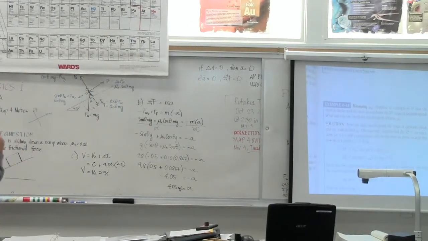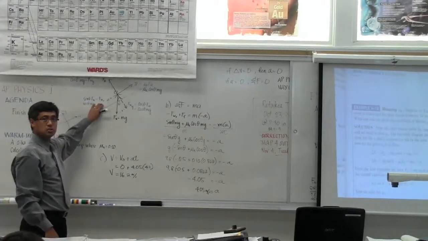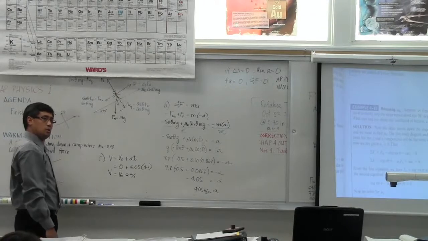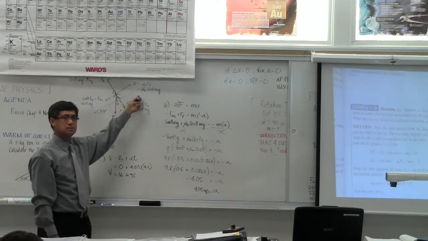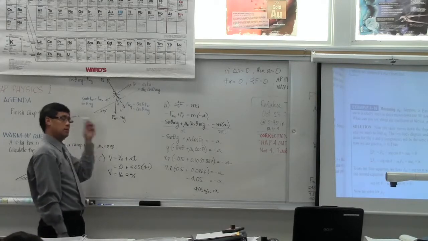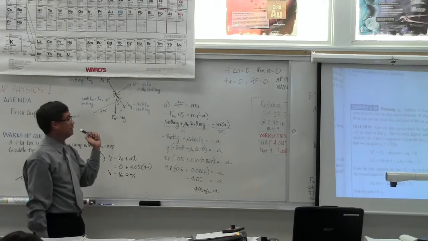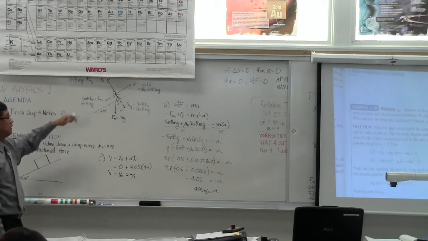So there's a bigger friction now. Would there still be the Fw sub x that's causing the skier to go down the slope? It's still present. Is friction still present? Yes. In fact, it's even greater than the previous problem. So these two forces would still be the same.